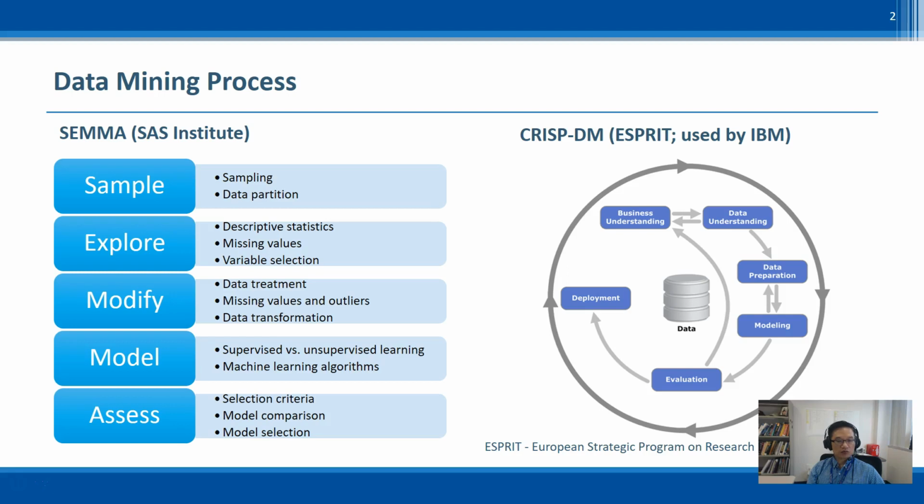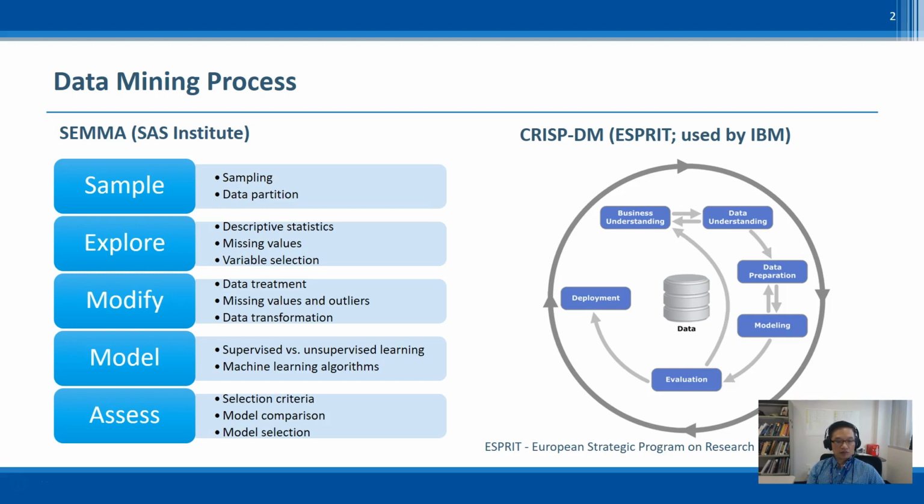This process was proposed by SAS Institute, but it has been used in many industries and especially by academic researchers. SEMMA is actually integrated in SAS Enterprise Miner software to guide users in conducting data mining. SEMMA is a sequence of data mining steps that should be followed to analyze large data and uncover new patterns.